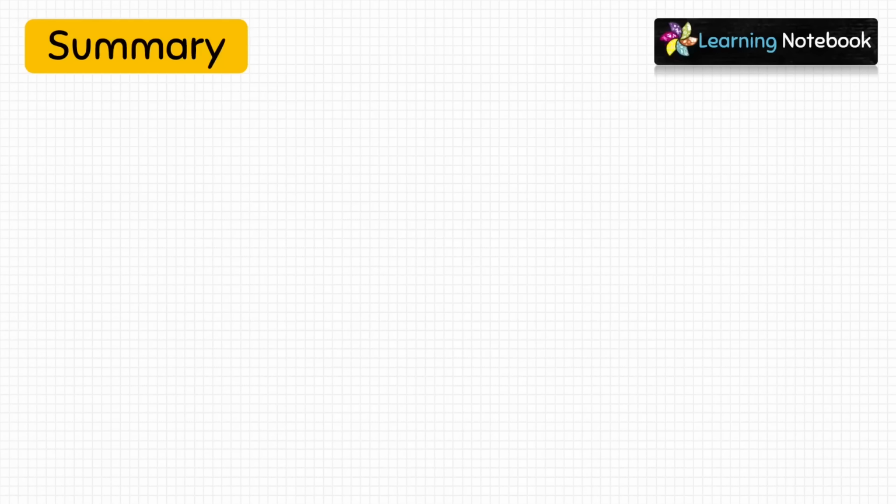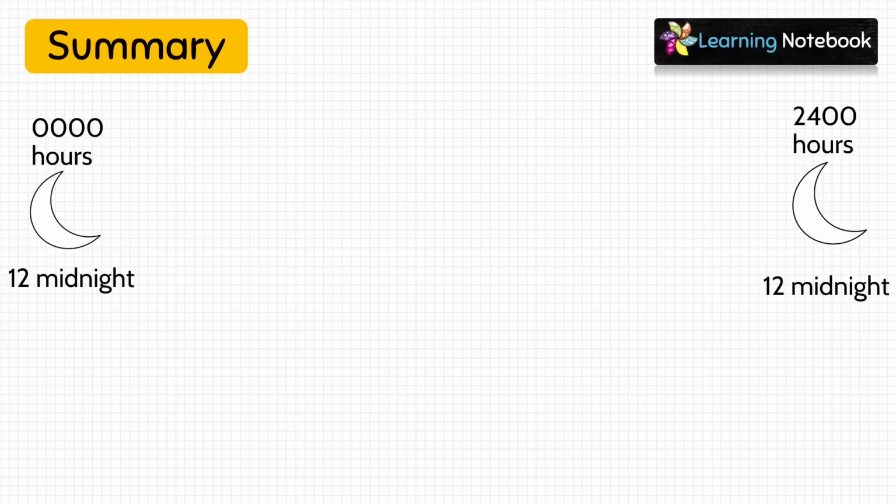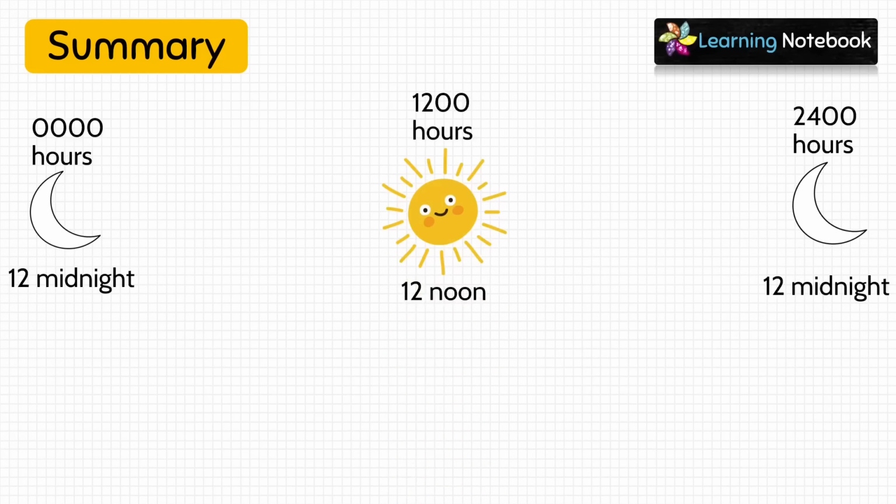A new day begins at 12 midnight, which is 0 hours, and it ends at 12 midnight the next day, which is 2400 hours. In between these, there is 12 noon, which is 1200 hours.